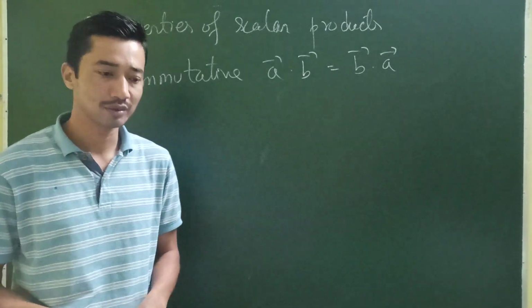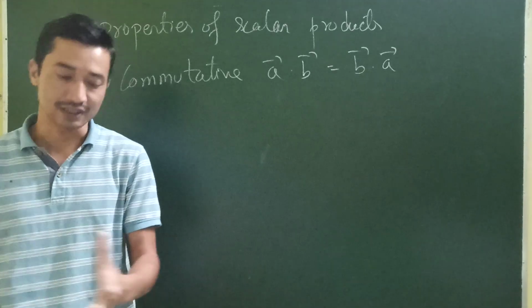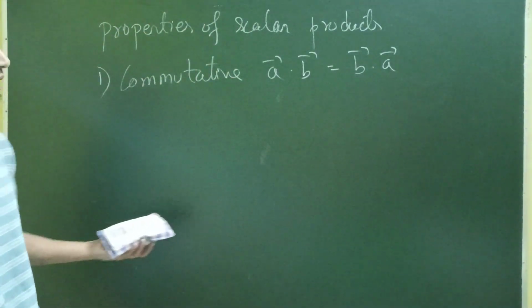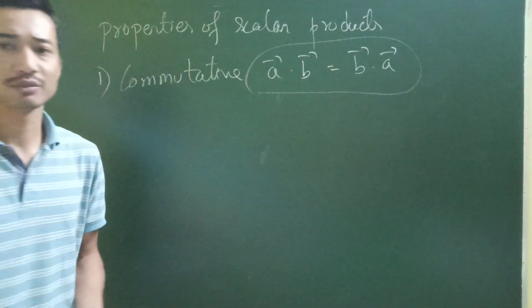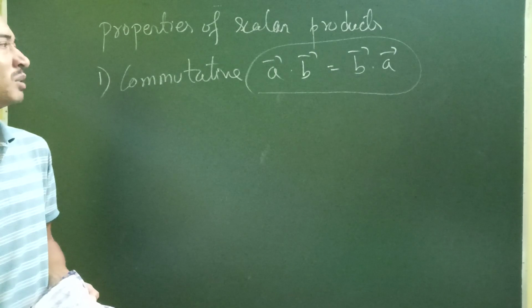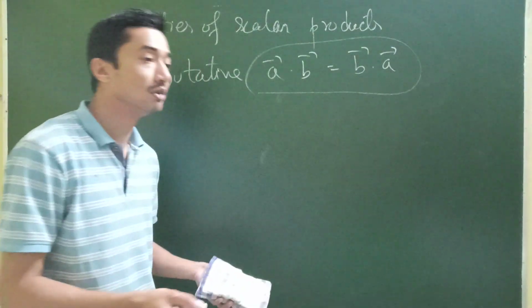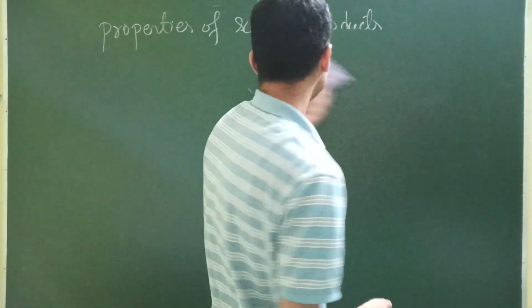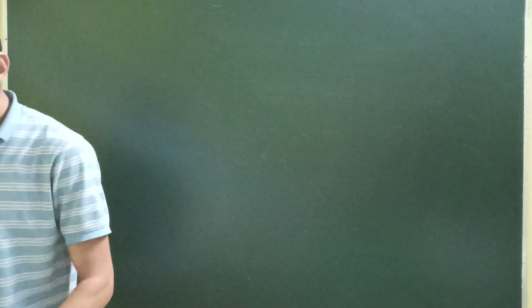So all those maybe we will discuss in the next videos, along with the exercise, okay? Alright, but this is going to be an important property for us, okay? That's why I have just mentioned that scalar product follows the commutative property, that is A dot B will be equal to what? B dot A. Because scalar quantities will not have direction, so that's not going to be an issue with us.